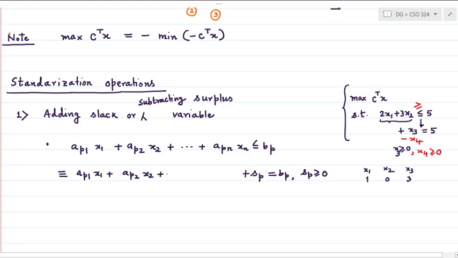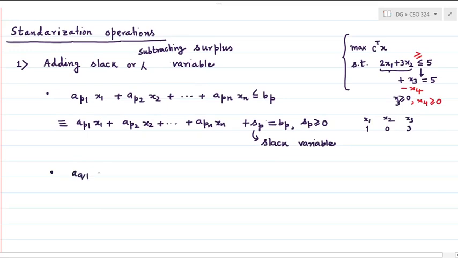This is called the slack variable, or deficit variable, or the shortage variable.